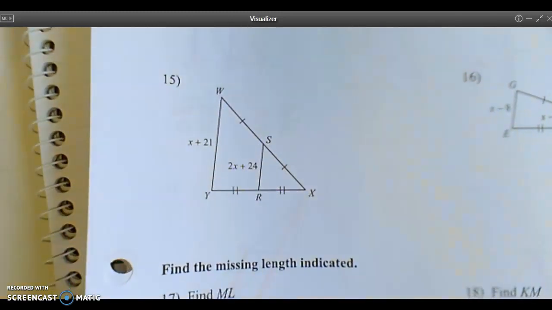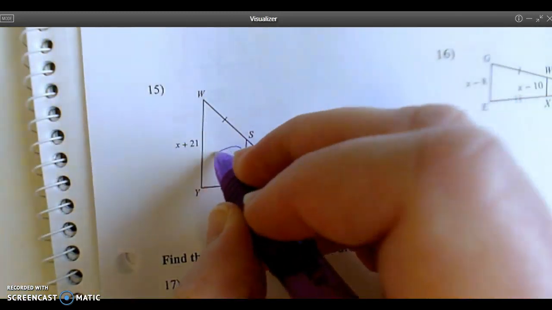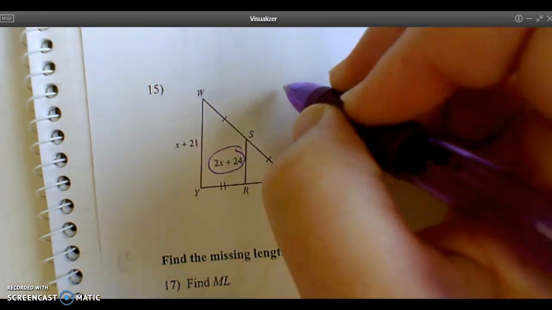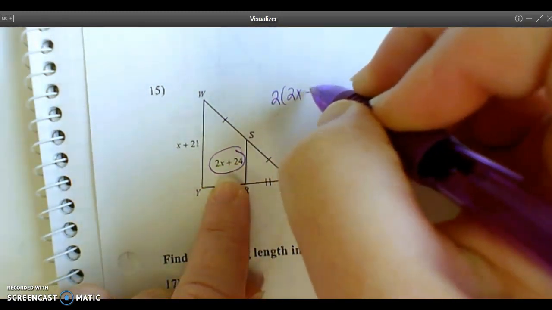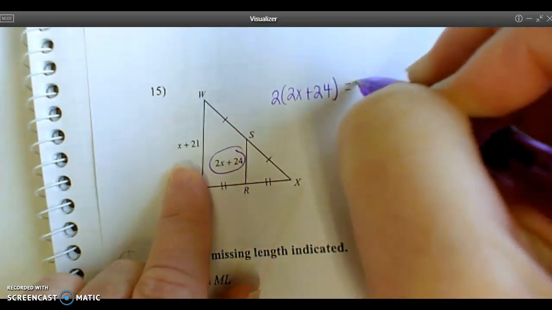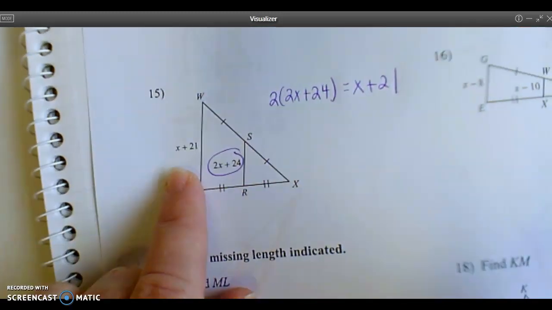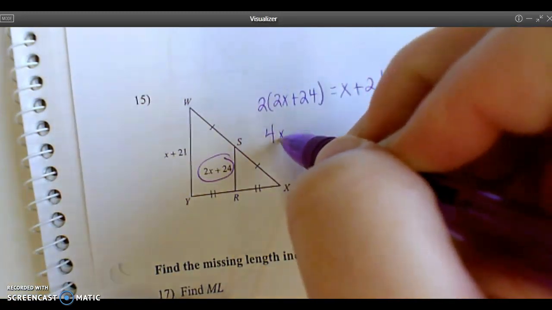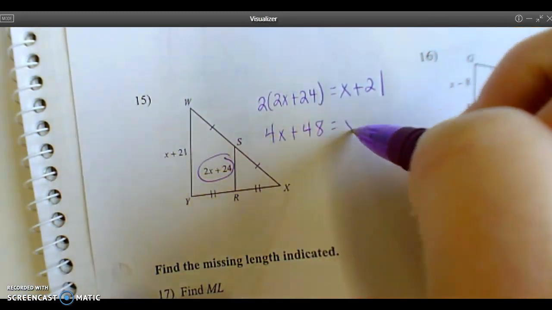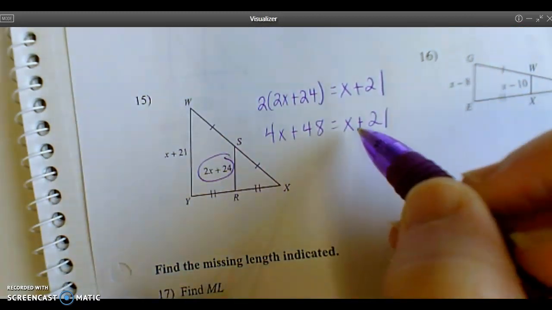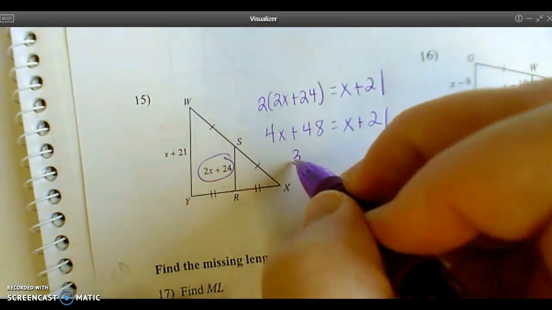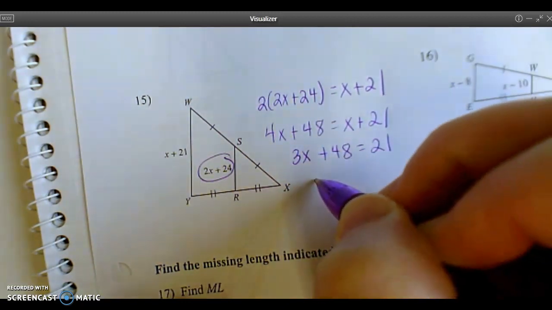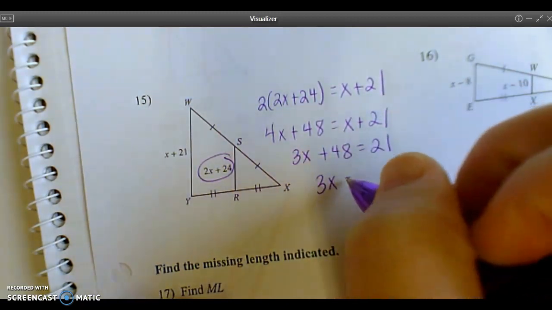I'll do one more like that, number 15. Remember, take the short side, and don't look at the numbers, look at which side is the short side. You multiply it by 2, equal it to the long side, distribute, we'll move this x over here with this 4x, and then I want to subtract 48.